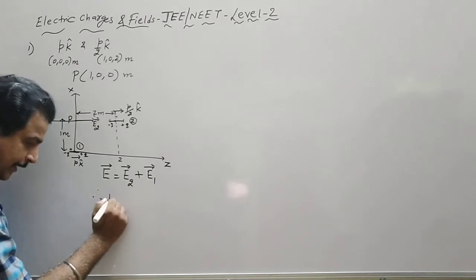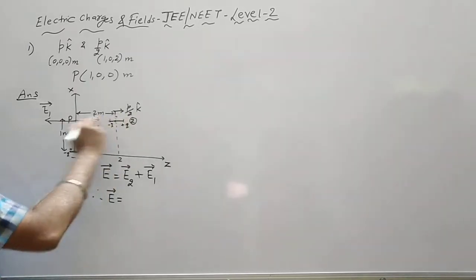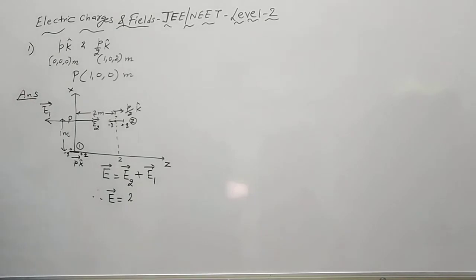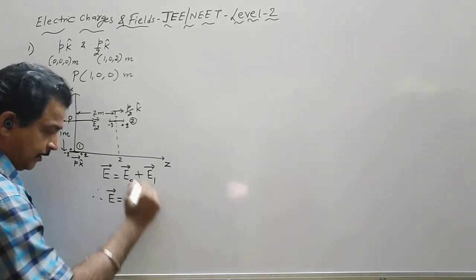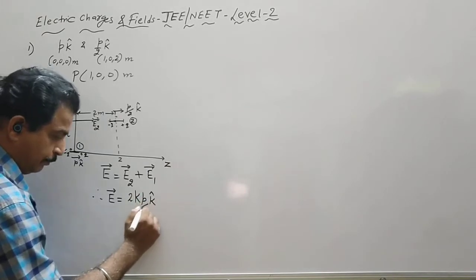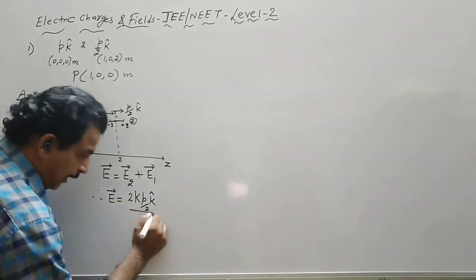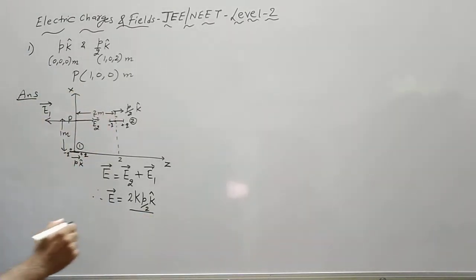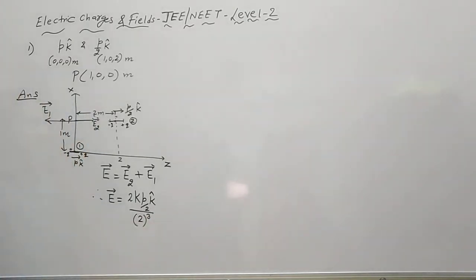Therefore, E vector is equal to, now E2 is along the axis. If you remember the formula for the axial point, it was 2kp, it is a vector, so P by 2 is the dipole moment divided by the distance cubed, and if it is a point dipole, it becomes 2 cube.